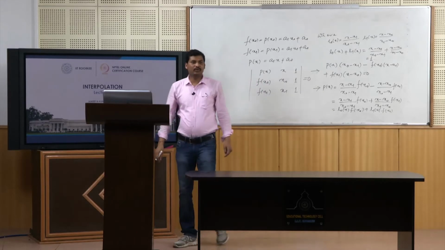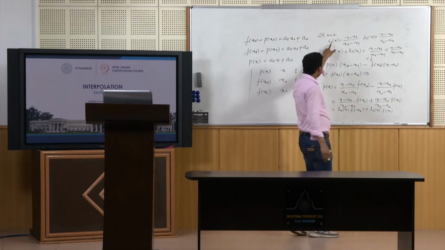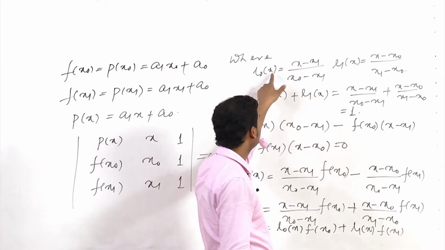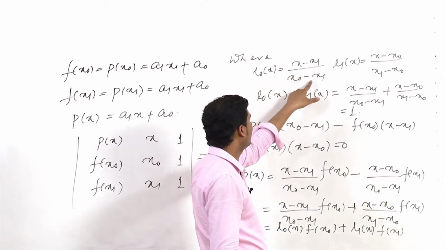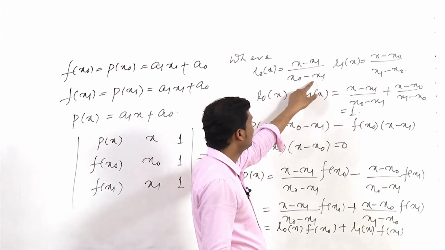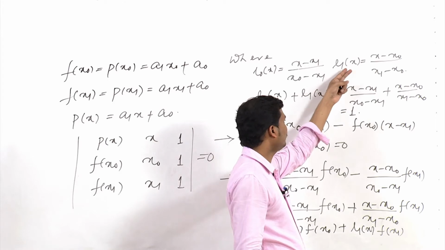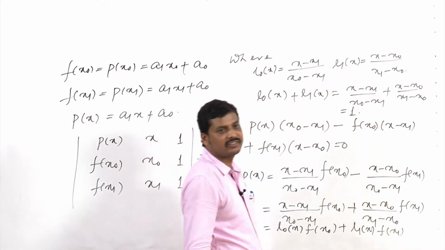Since if we put here L0 of x0, that is nothing but 1, since x0 can be replaced here. So x0 minus x1 by x0 minus x1 will give you 1. If I replace x by x1 here, L1 of x1 will give you x1 minus x0 by x1 minus x0, whose value is 1.